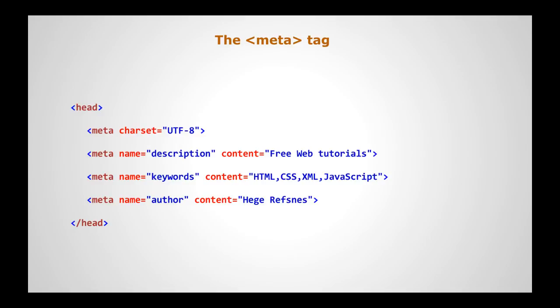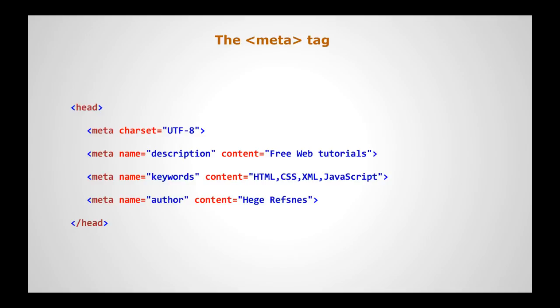The meta tags are typically used to specify the page description. As you can see in this example, it says this web page contains free web tutorials, which means this page includes free videos, audio files, images, articles, and other useful information about the web.